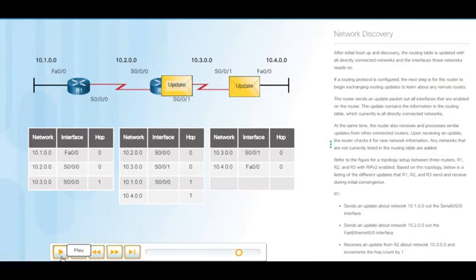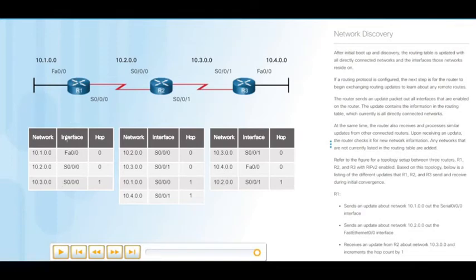Since they exchanged on the first round of updates, R3 learned about the 10.2.0 network coming from this side. So R2 already has the full map of the network, a total of 4 networks.